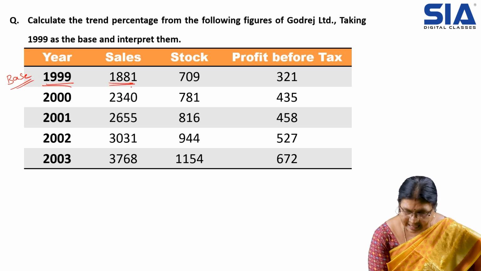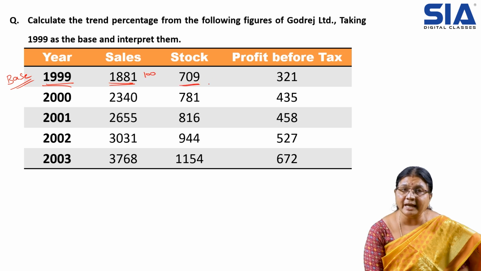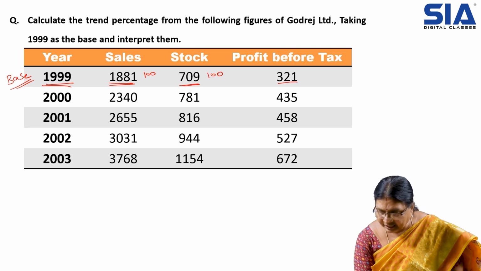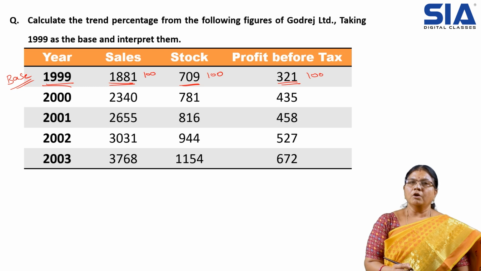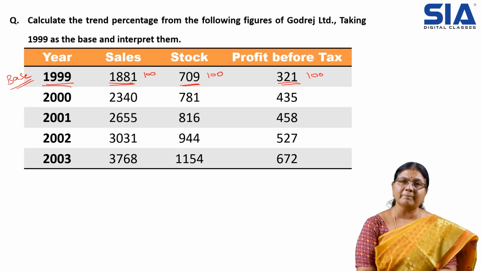That means for sales, 1881 will become the base, which we treat as 100. For stock, 709 is the base, so we treat it as 100. And for profit it is 321, which we treat as 100. After treating it as 100, we should determine each one.